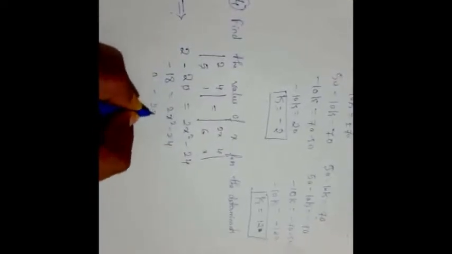So 2 minus 20 will give minus 18 is equal to 2x square minus 24. Then 0 is equal to 2x square minus 24 plus 18, as this minus goes to the RHS part and becomes plus 18. Then 2x square minus 24 plus 18, you will get 2x square minus 6 equal to 0.